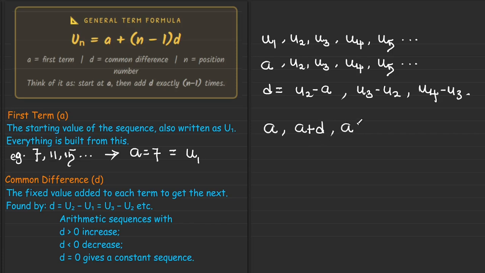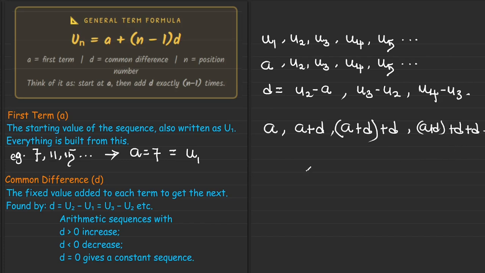So it is a plus the common difference, which is what we have here, then plus the d. My fourth term is going to be all of this plus the d again. So a plus d plus the d, which is this term, then we add the common difference to it. Let's end here. Let's not go to the fifth one.